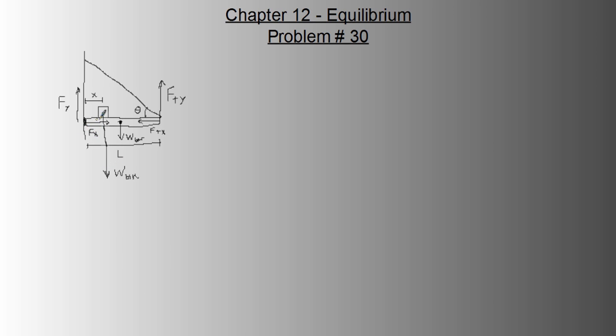So this drawing might be a little cluttered, but you can pause the video and make sure you understand everything I drew on here. I don't think I missed anything. Looks good. Let me just list the givens here. L is 3 meters. The weight of the bar is 200 newtons.